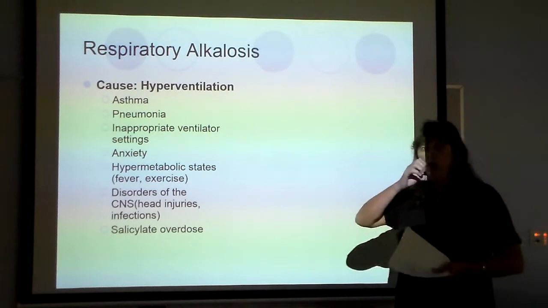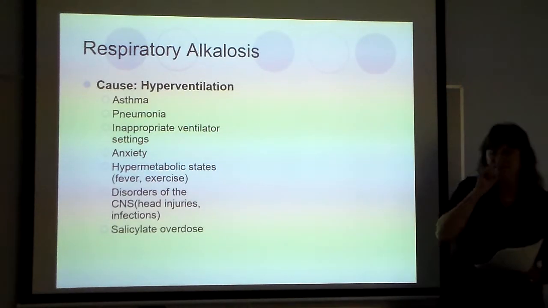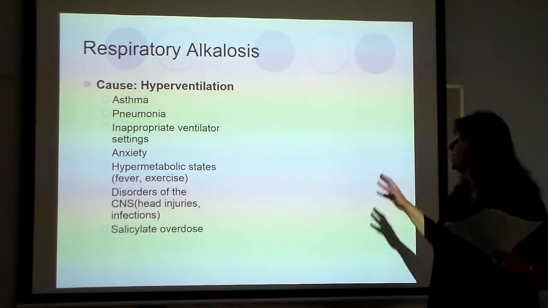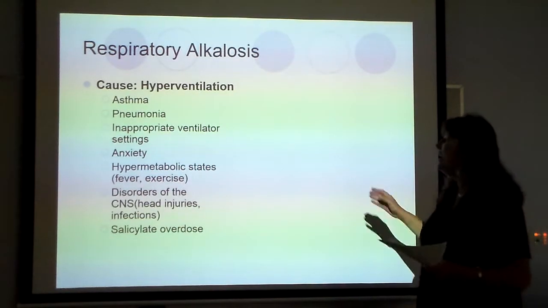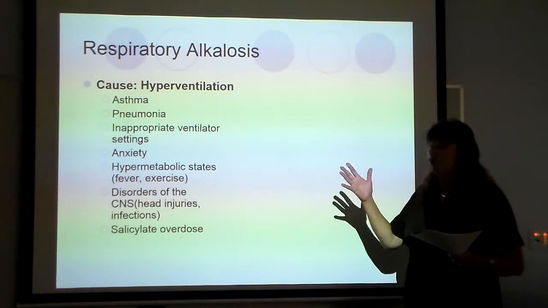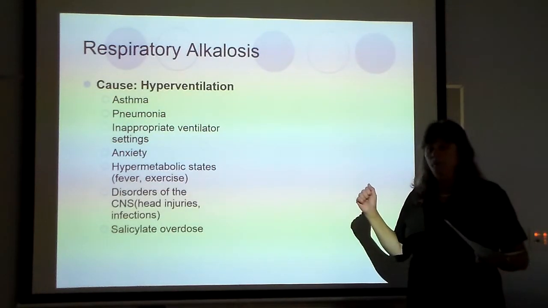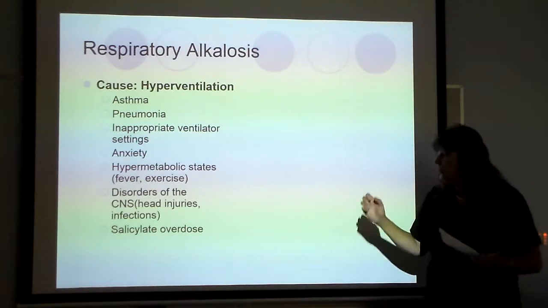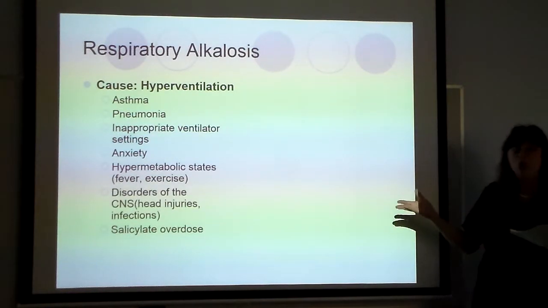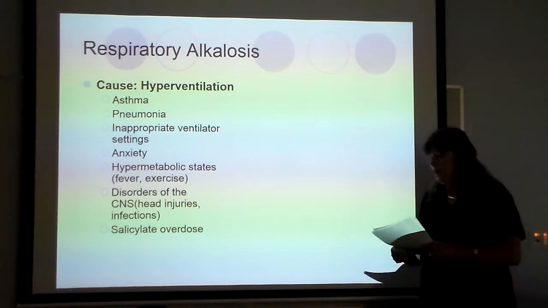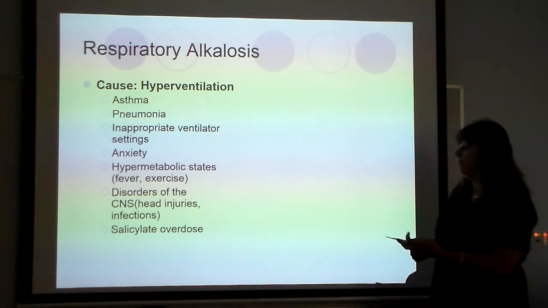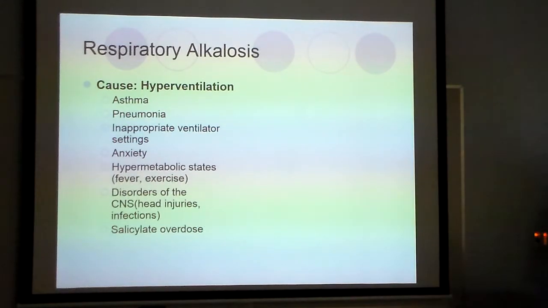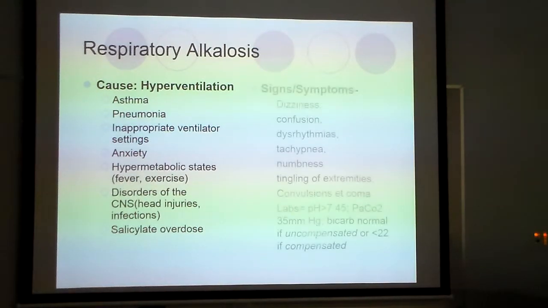You know how we all breathe in the old paper bag? That's still practiced today for anxiety, so you don't pass out, okay? Hypermetabolic states like fever, exercise, hyperthyroidism, disorders of the CNS like head injuries, spinal cord injuries, or infections, meningitis being one of them, salicylate overdoses, aspirin overdoses. We see hyperventilation.